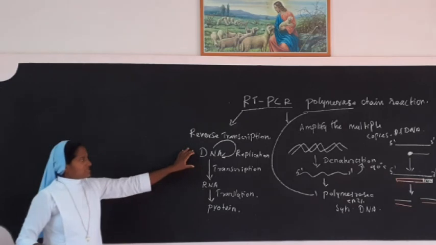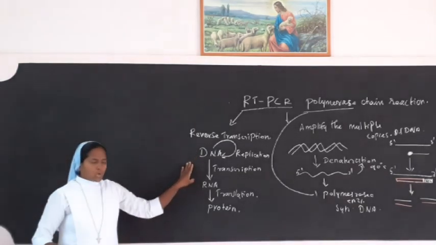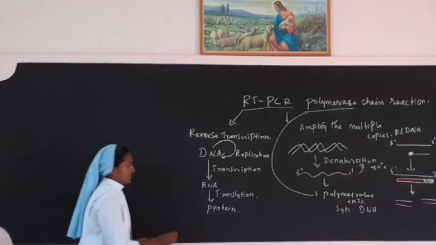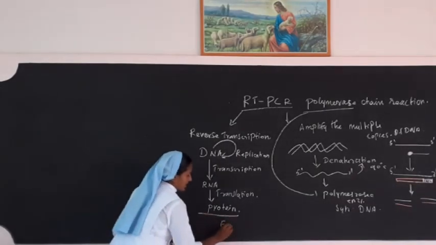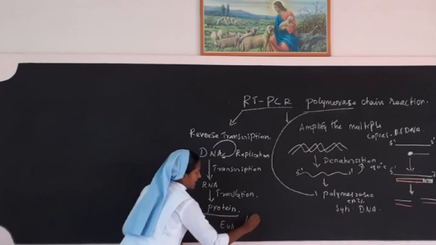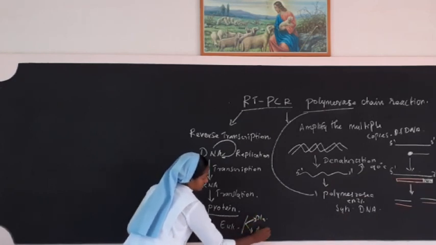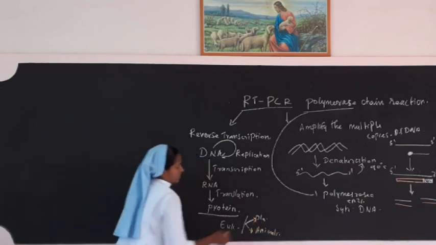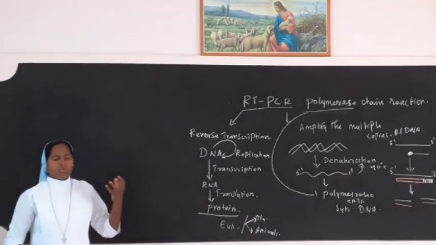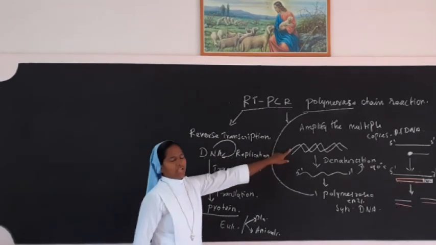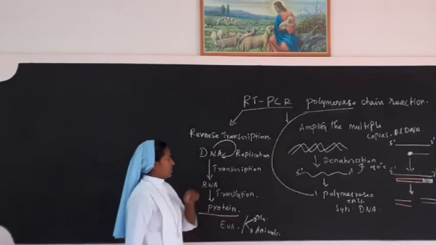Now, this is the normal process that occurs in eukaryotic cells. Eukaryotes means both plants and animals. These plants and animals have a true nucleus and have double strand DNA in each cell of the organism.